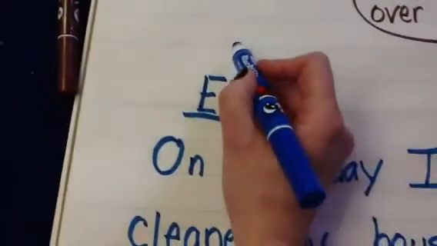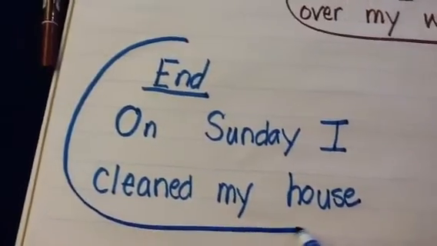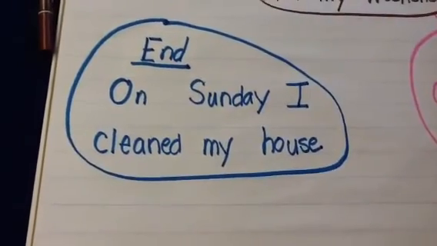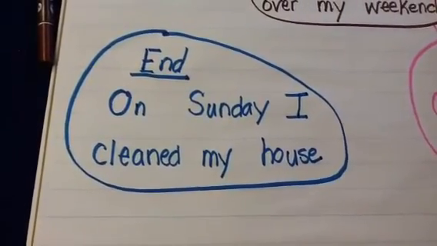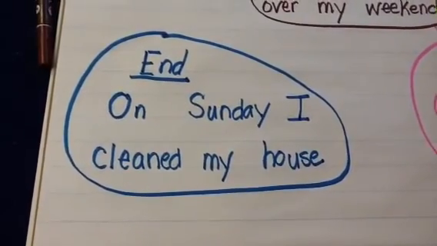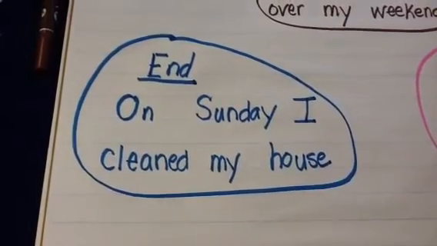I'm going to draw a bubble around the heading, end, and around what I did at the end of my weekend. I want you to press pause and write what you did at the end of your event. Then, when you press play, we'll be ready to add the details.